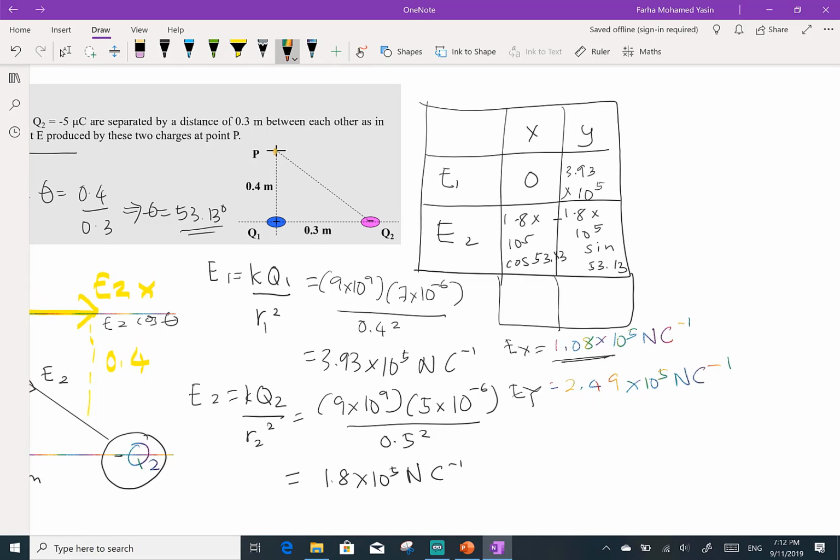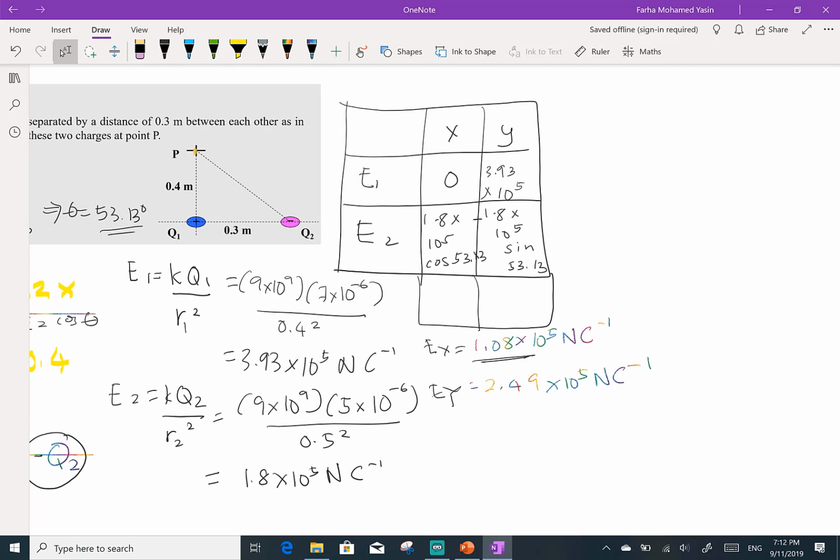But still belum lagi jawapan akhir sebab kita nak cari the resultant E, means kita hanya kena cari satu nilai. Oleh kerana EX dan EY dua-duanya positif, kemungkinan besar dia akan berada di kuadran yang pertama.